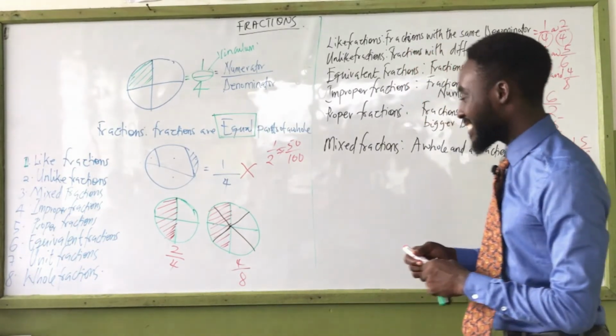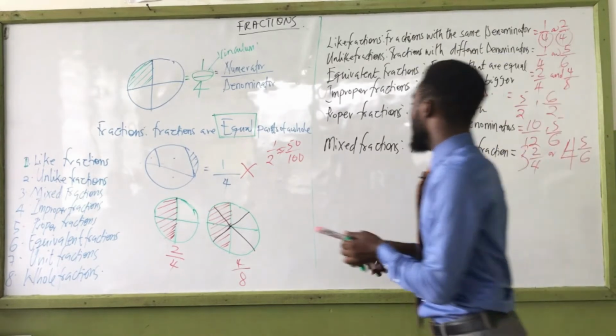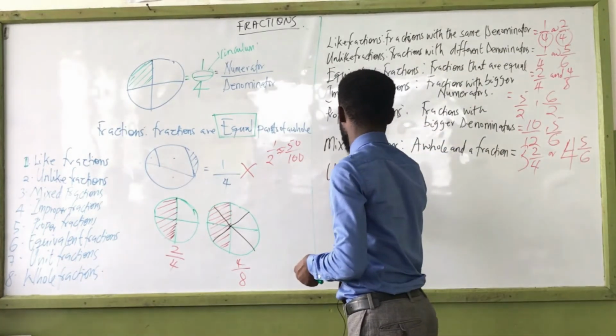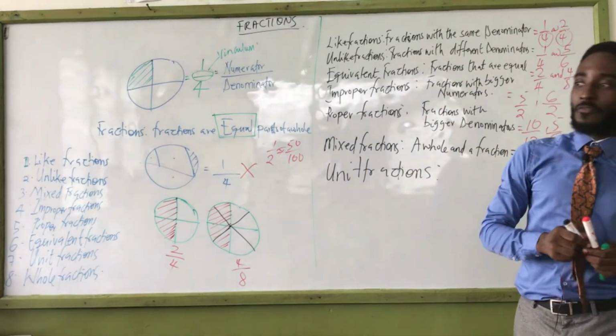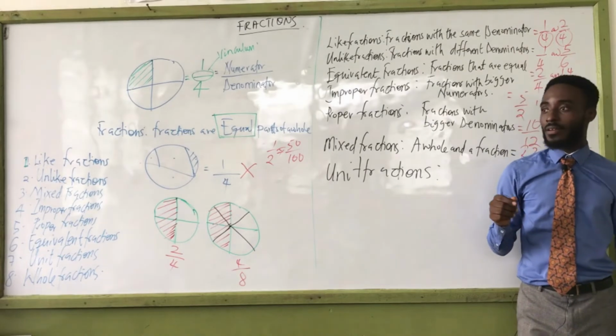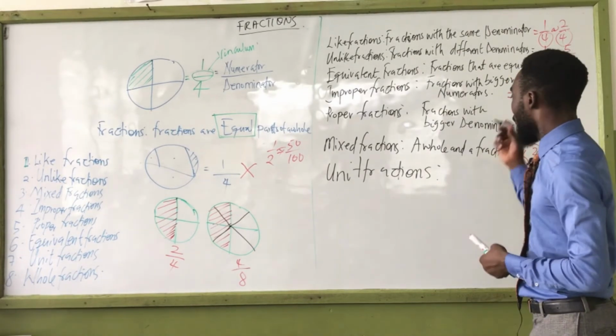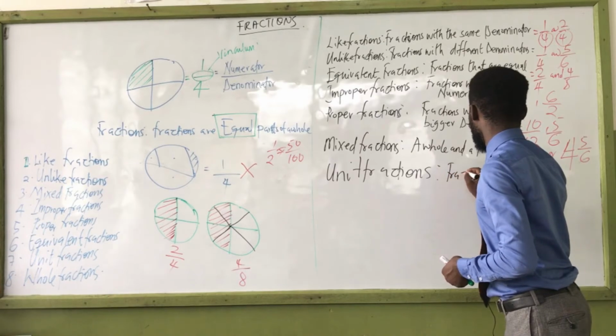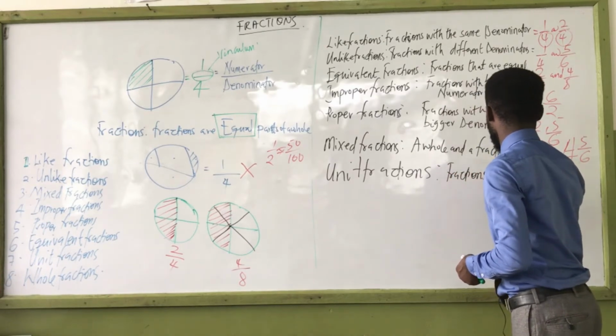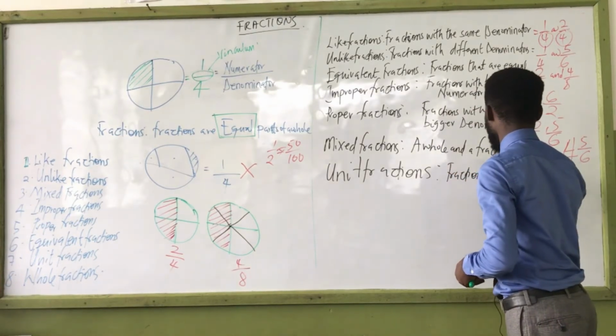Unit fractions. What are unit fractions? Unit fractions are fractions with a numerator of 1.